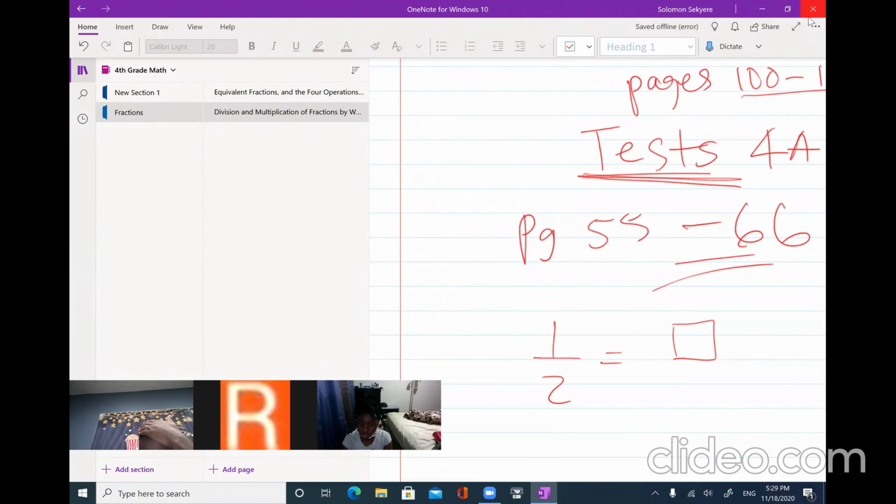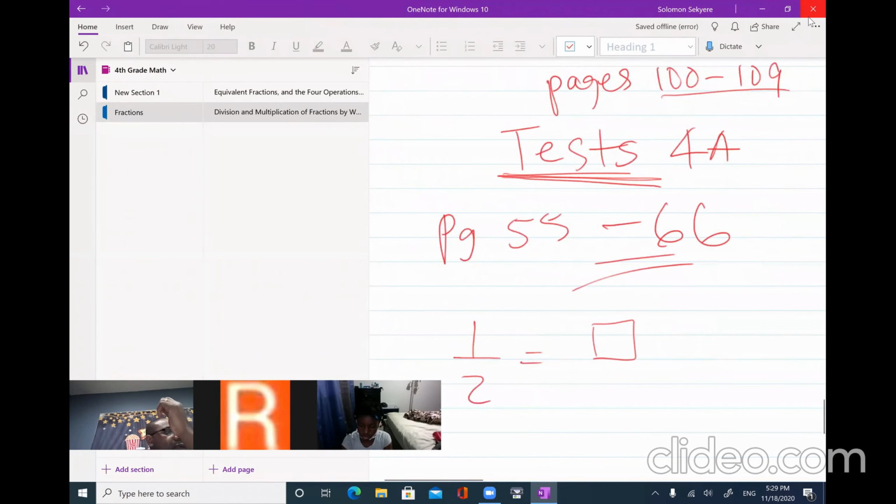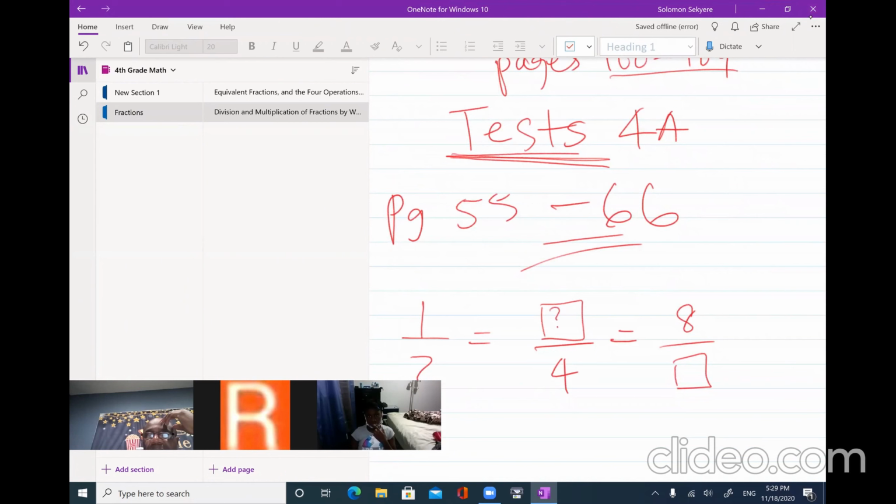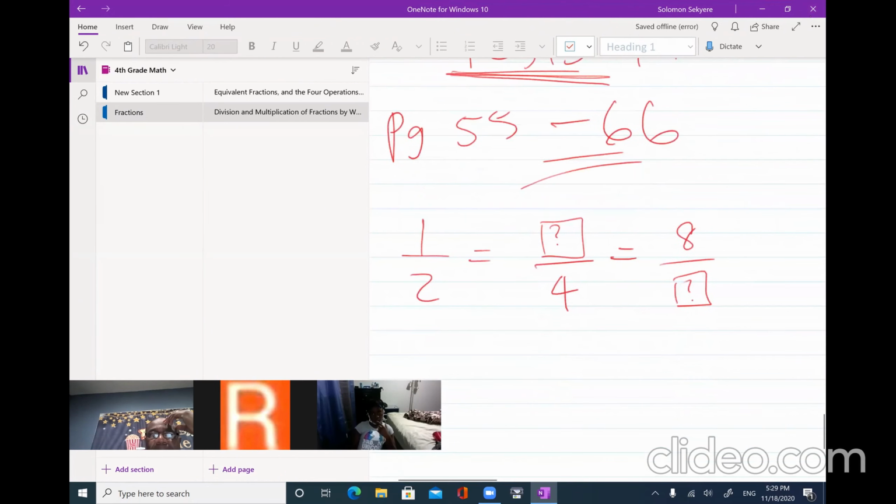1/2 equals... I'm just trying to make equivalent fractions. 8 over, okay, what goes in here? Janelle, can you tell? Equivalent fraction: 1/2 is equal to 2/4. And how about what goes here? 8 over what?